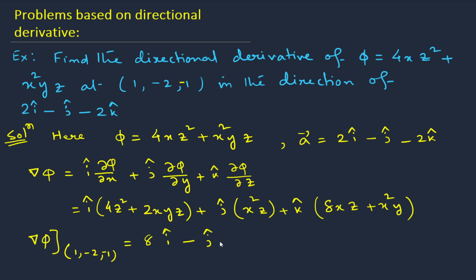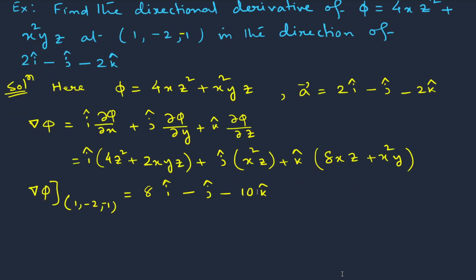Finally the third becomes minus 8 and then minus 2, so minus 10 k cap. So this is our grad phi at the point 1, minus 2, minus 1.